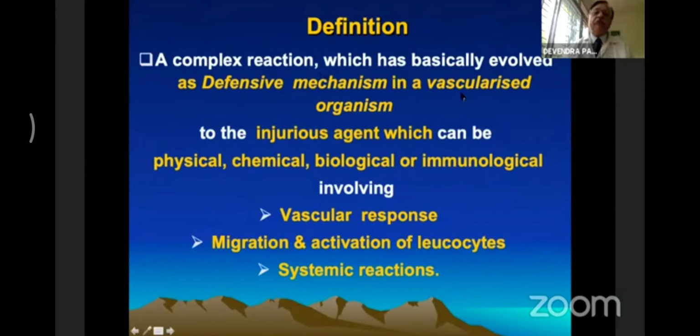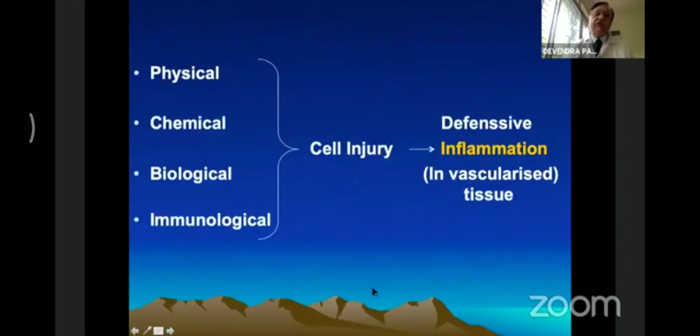So it has got to be in a vascularized organism where the injurious agents can be physical, chemical, biological, or immunological. These are the ones against which the defensive mechanism operates, and it involves the vascular response, migration of leukocytes, and also the systemic reactions.